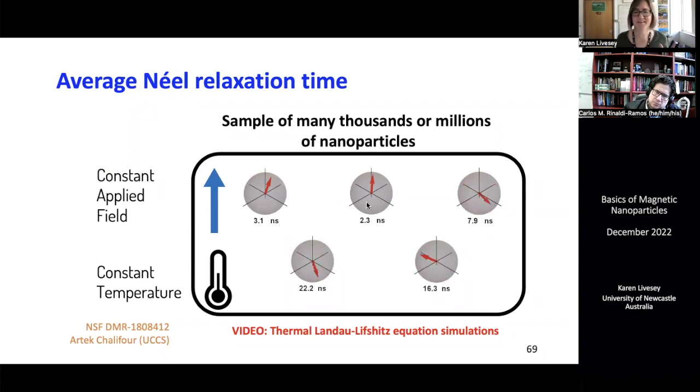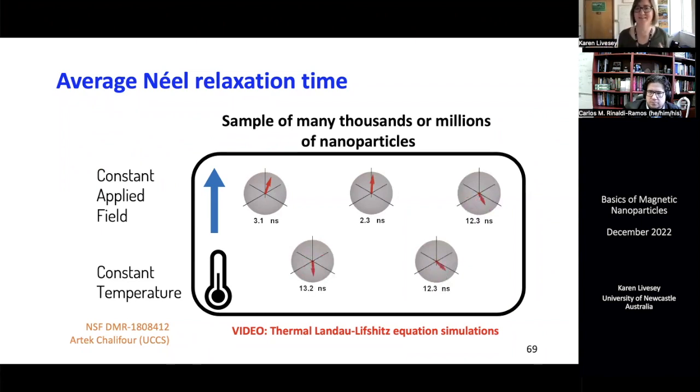This one did some crazy trajectory and relaxed in 2.3 nanoseconds. This one over here looks like it goes to about 20 and then restarts for reasons I don't understand. This one, let's see, we get to about 27 nanoseconds.